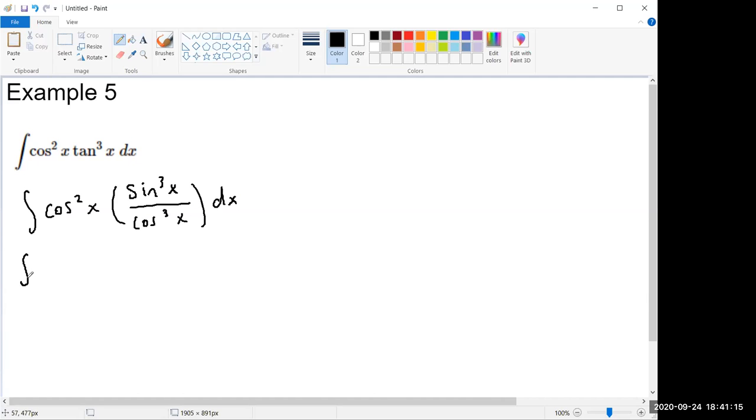So we will be left with 1 cosine in the denominator. All right, I feel like that's good so far.